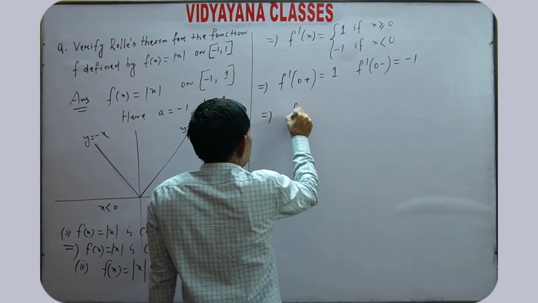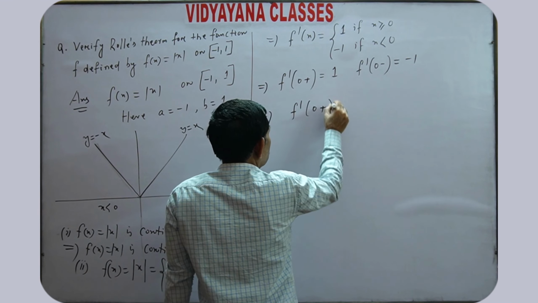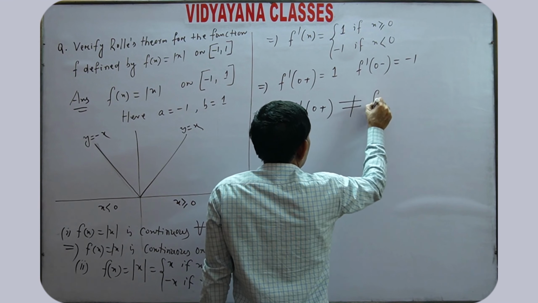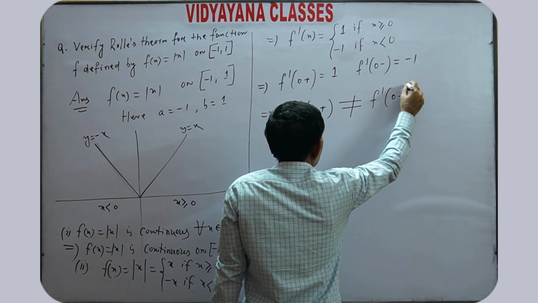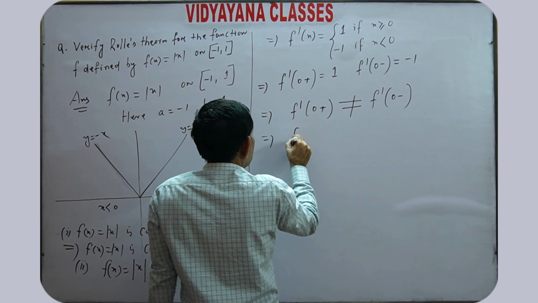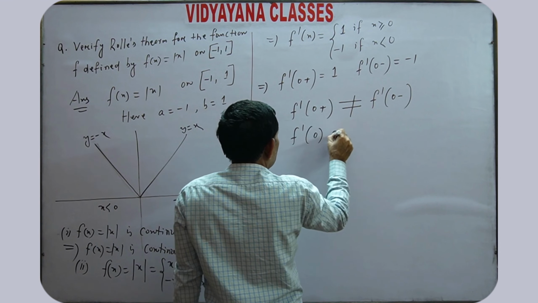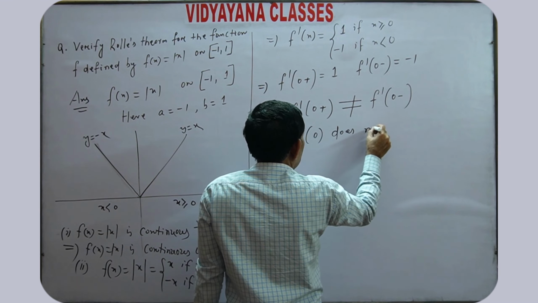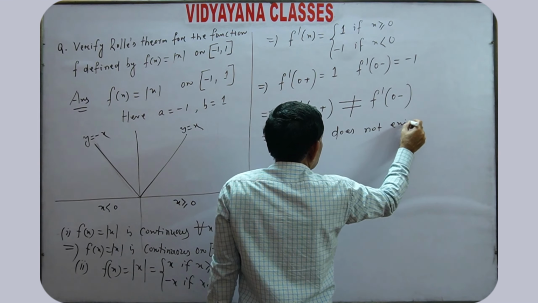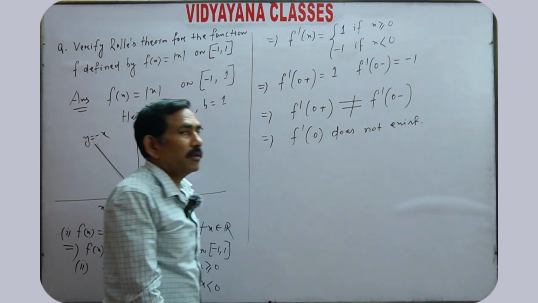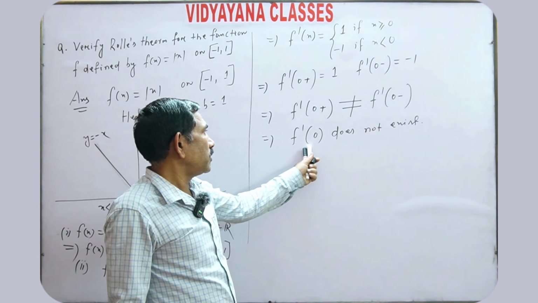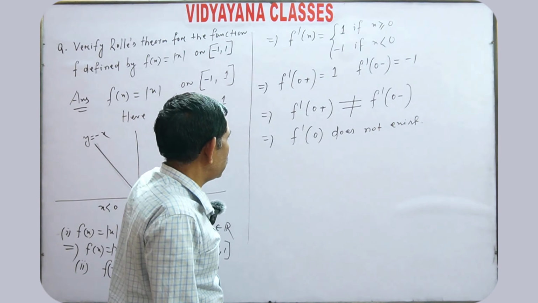Which implies f dash 0 plus is not equal to f dash 0 minus, which implies f dash 0 does not exist. Clear? The derivative at x equal to 0 does not exist.